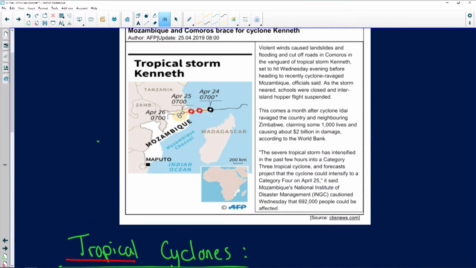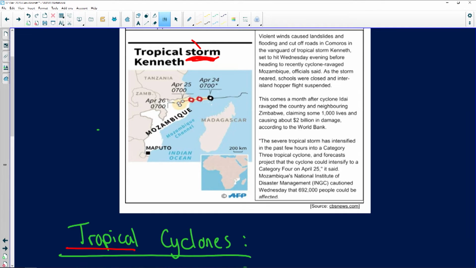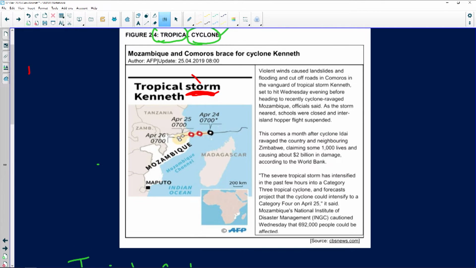Okay. Now, if you look at it, right? Tropical storm Kenneth. Now, this is interesting. They're talking about the storm. So, what do we have when we look at the initial stage? Initial stage, it's when we have all those factors, the 27 degrees ocean temperatures. Okay, high humidity.